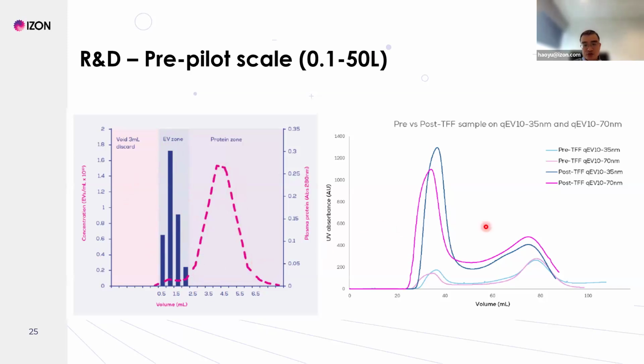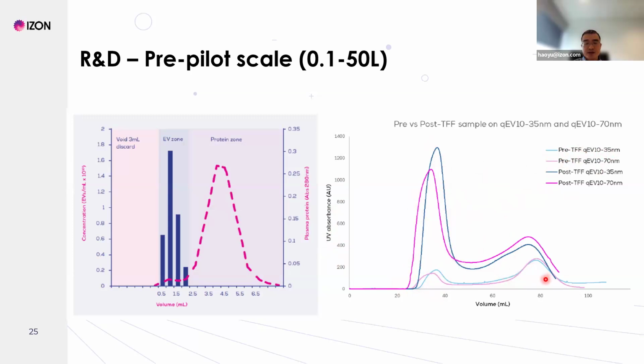And the right images show why there is a need for TFF concentrating of the samples. This is a cell culture medium sample. If you pass it directly through the QEV columns without TFF, you can still purify your sample, but the yield is very low, as indicated by the UV absorbance. But after concentrating 10 times with the TFF system, the yield is comparatively high.